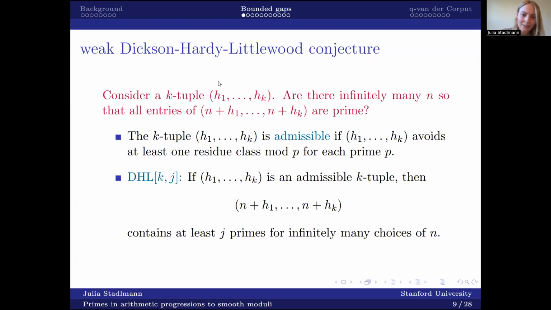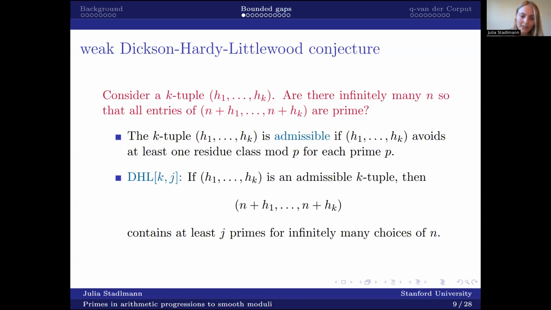And for example, if h1 up to hk is the tuple 0, 2, that would be the twin prime conjecture. If we have the tuple 0, 2, 4, then one entry of n, n plus 2, n plus 4 is always divisible by 3. So clearly it can't be all prime infinitely often. So what we're interested in is tuples h1 up to hk where for each prime p, there's one residue class mod p that's missing.